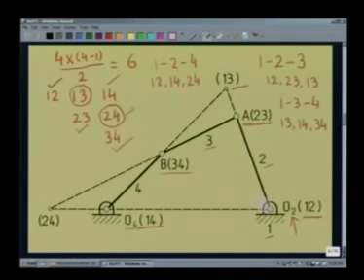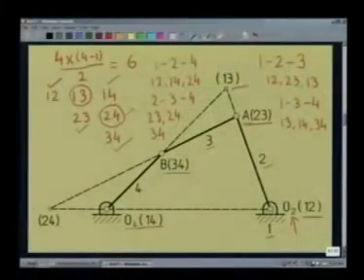Then we can consider 3 rigid bodies, namely 2, 3 and 4. Consequently, the Aronhold-Kennedy theorem says the 3 instantaneous centers 2,3, 2,4 and 3,4 also are collinear.